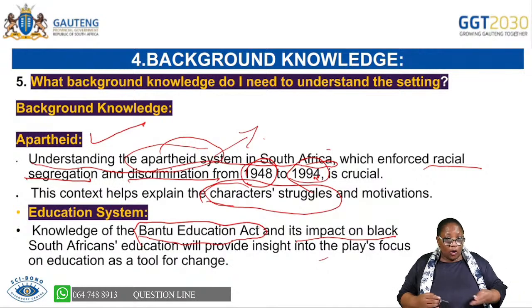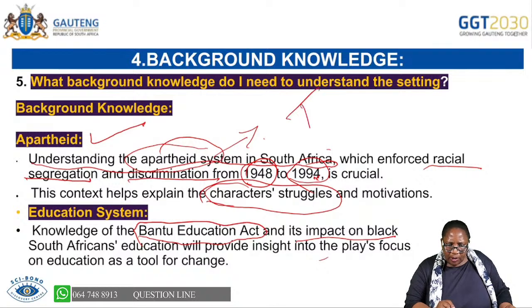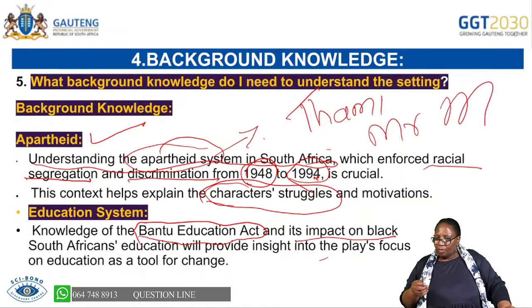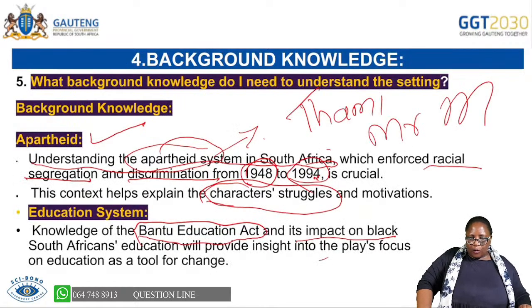If you know that, then you will know why there was this conflict between the two people, between Thami and Mr. M. They held different political views or educational views.